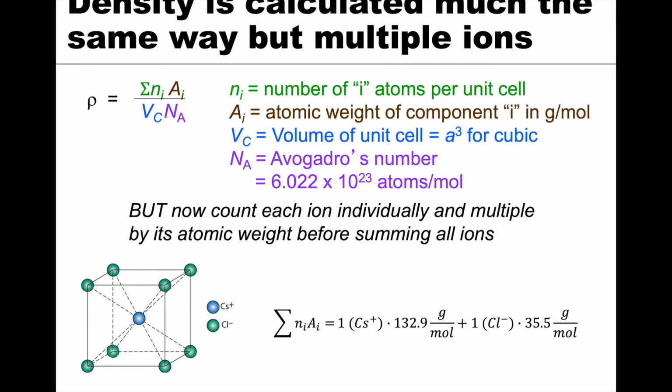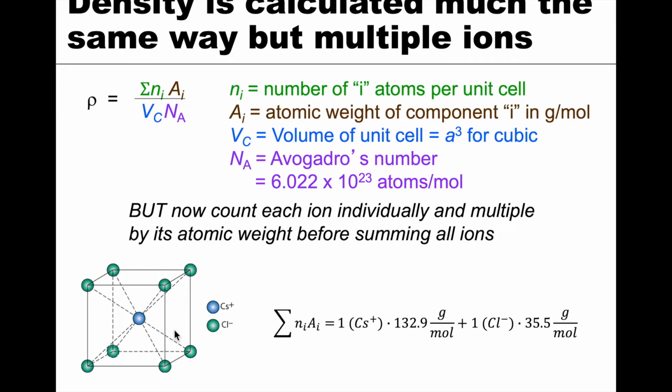All right, let's go over a modification to those density calculations that we did in the last section. I showed you the same equation, but before we only had one type of atom or molecule, so our density calculations didn't have to account for this summation.